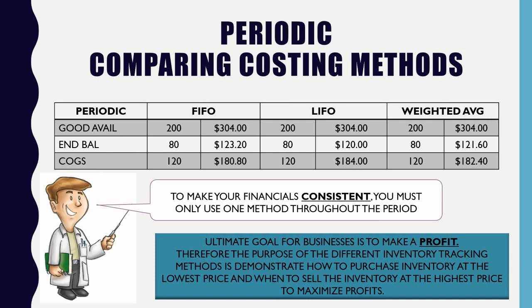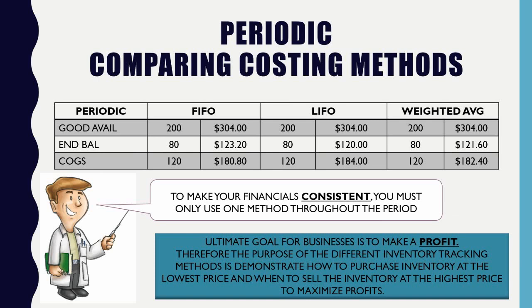So again, okay, which method would you prefer? This is going to be dependent on, one, what kind of business you are. Second, what do you sell? Actually, those are the only two I can think of.